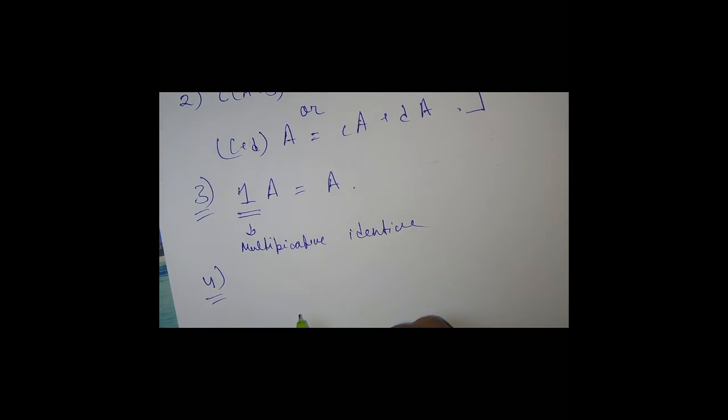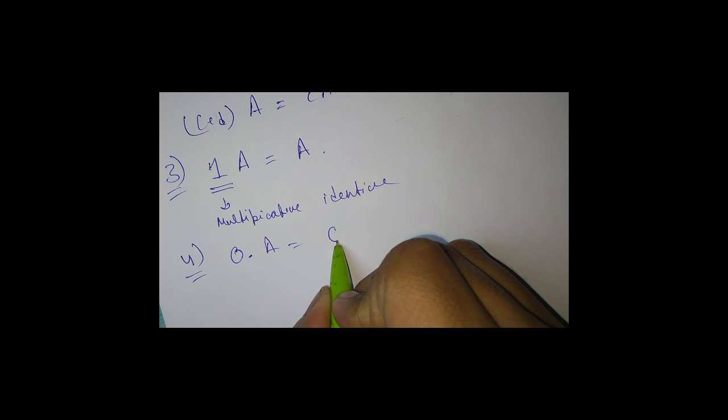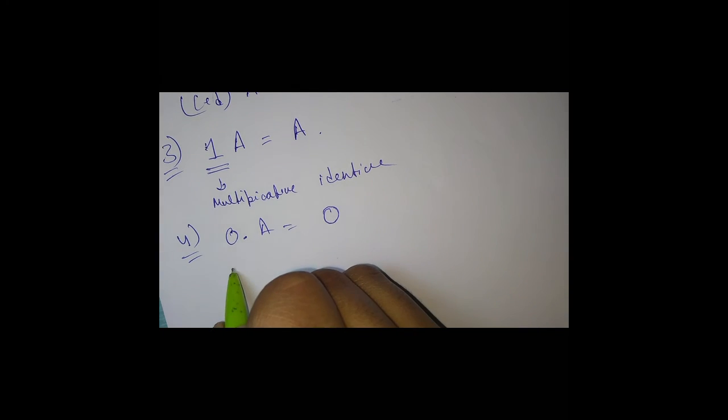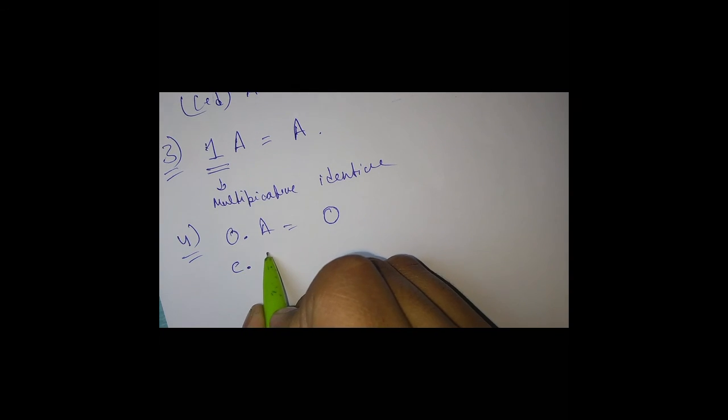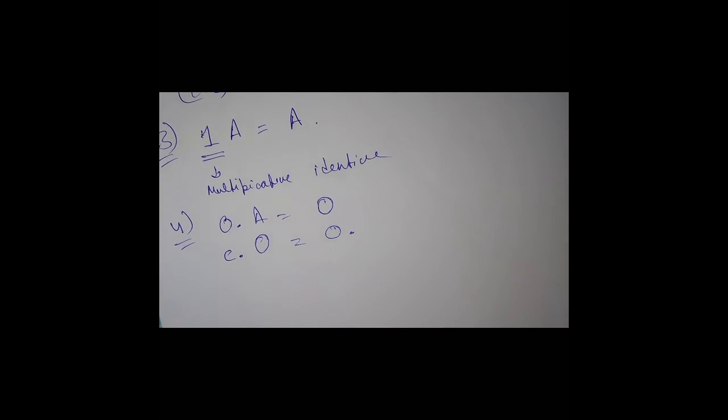Now we'll talk about multiplication of null matrix. Multiplication of 0 with a matrix results in a null matrix, and also multiplication of a scalar with null matrix results in null matrix.